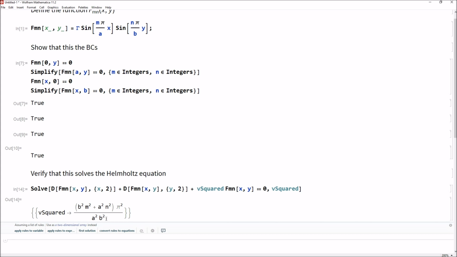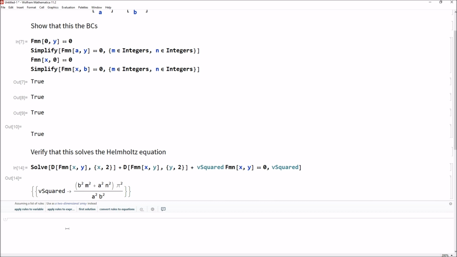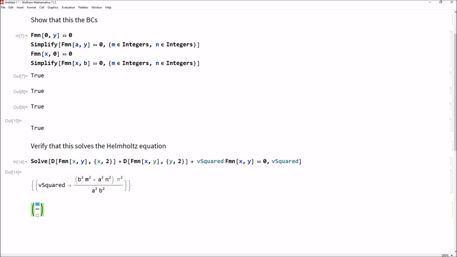This is the specific value of nu squared that is going to make our solution f solve the Helmholtz equation here. And I think you might have noticed that this is not exactly the same thing that we had on the board here, but it is, in fact. So I think on the board we claimed that the value of nu had to be something like m pi over a, squared, plus n pi over b, squared, something like this.